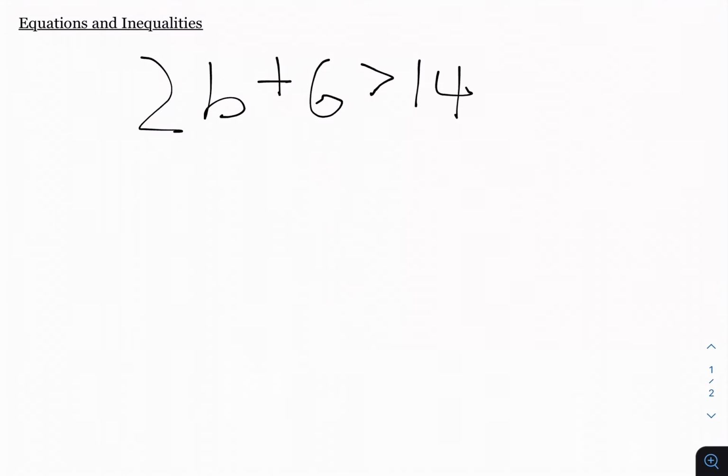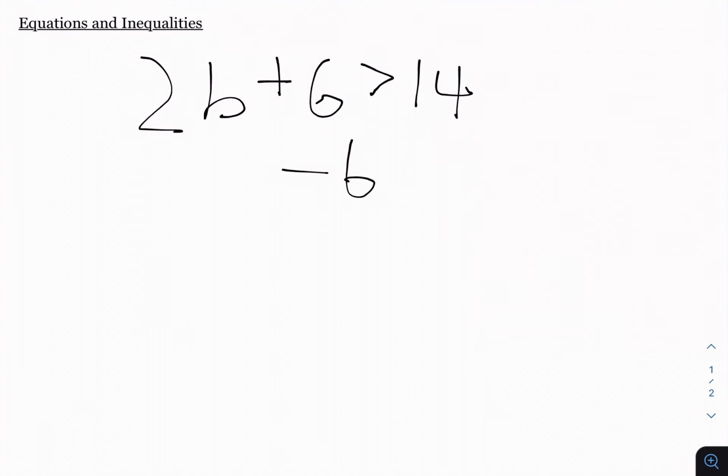So let's try one more practice problem for inequalities. Let's use b as the variable in this example. Take a minute and try to solve it on your own.